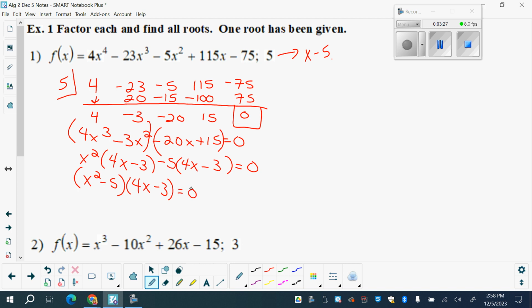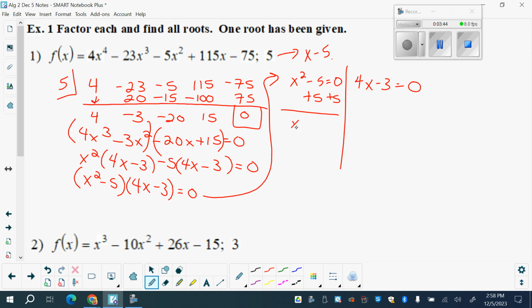And what do we do next? Zero product property. So we have the x squared minus 5 is 0, and the 4x minus 3 is 0. Add 5, and we get x squared is 5. What undoes that square? Square root. So we get square root of 5 and negative square root of 5.